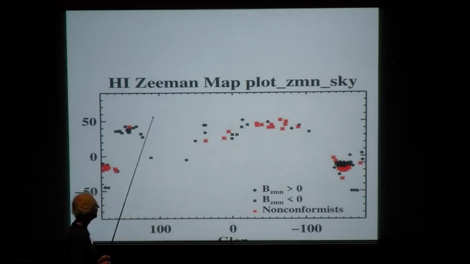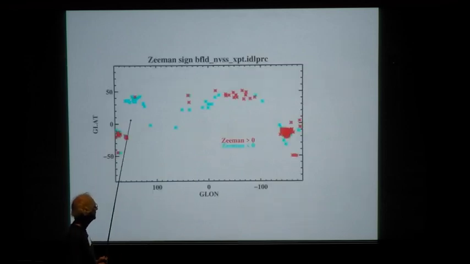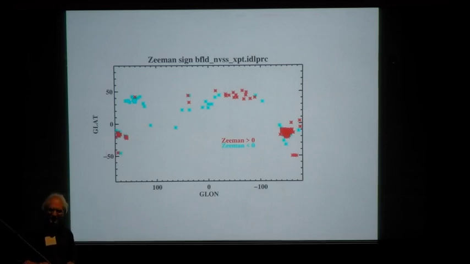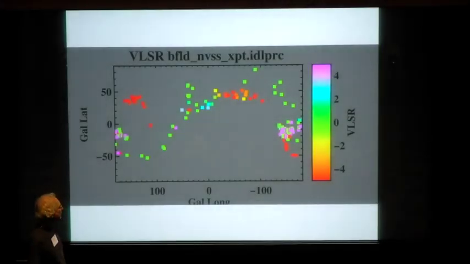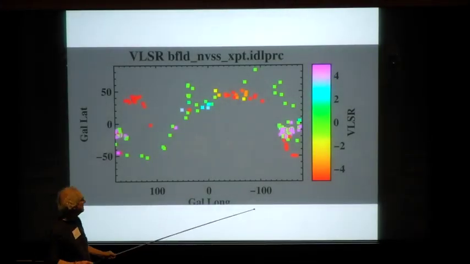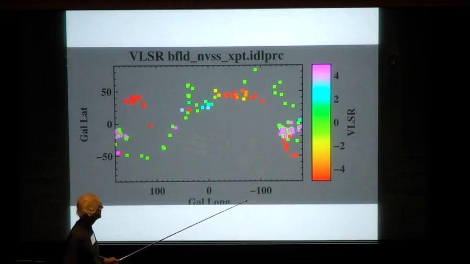Why are they nonconformist? Well, to do that, I want to compare them with the velocities of the gas associated with those detections. So here's the same map that I showed before on a slightly different scale. So I can blink it with the velocity of the gas.